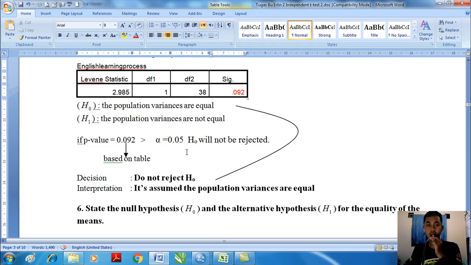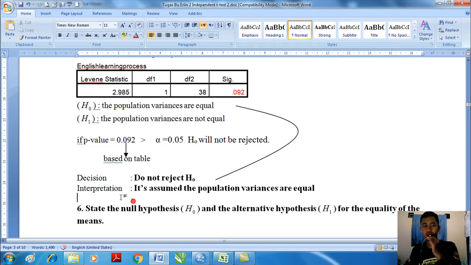And alpha is always 0.05. Decision: do not reject the null hypothesis. It means that the interpretation is it's assumed the population variances are equal. Repeat. Interpretation: it's assumed the population variances are equal.